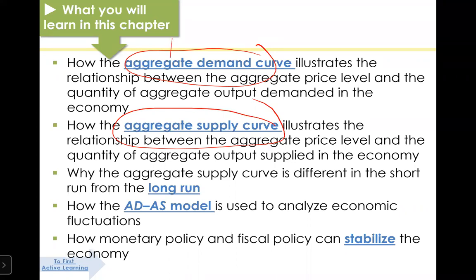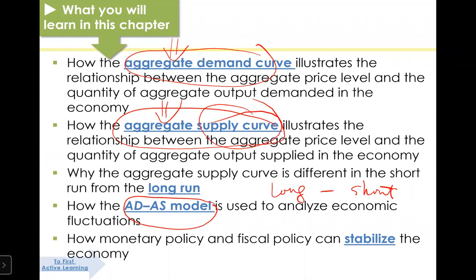But here, we look at aggregate. After that, we are going to look at this demand and supply model, and here we want to separate long run versus short run. Particularly, you're going to see the behavior of the supply curve will be different depending on the time horizon you consider, whether it's the long run or the short run.